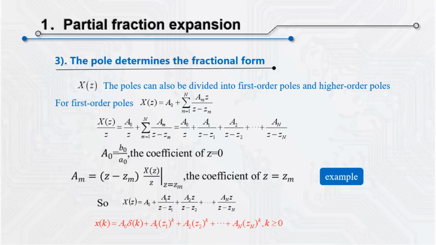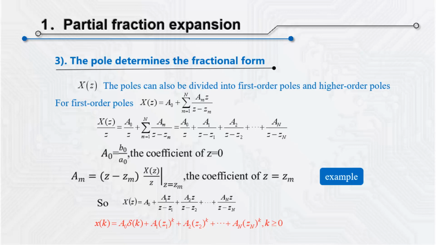For the first-order pole, we expand X of z over z into a common form as follows. The first term may be the corresponding coefficient of z. The following items have the same form. They are all in the form of a constant over z minus zm.